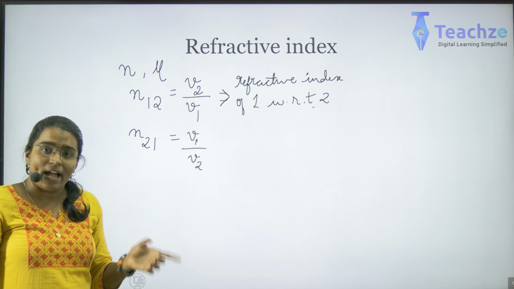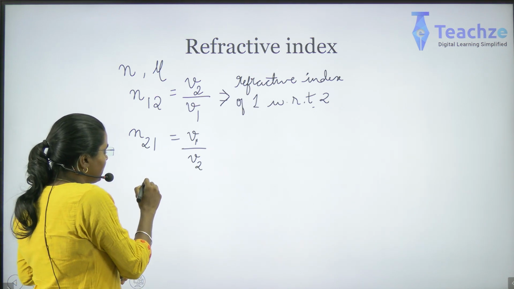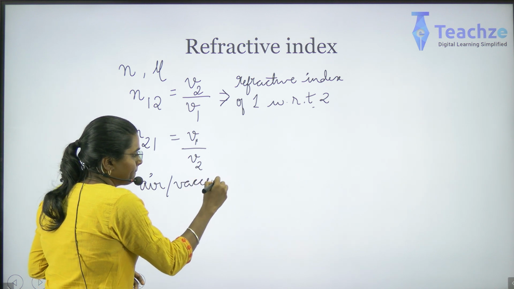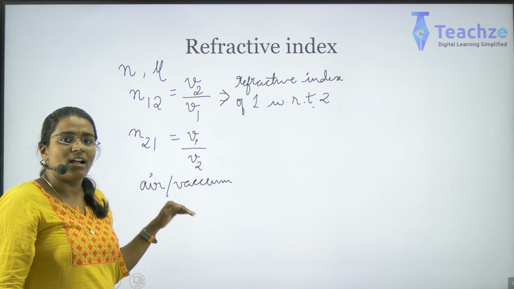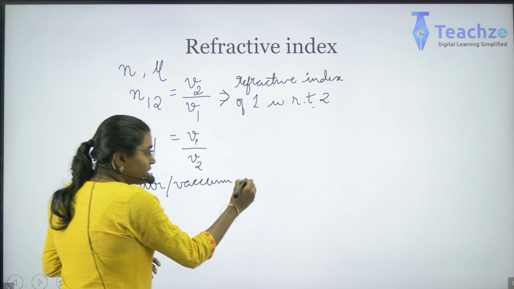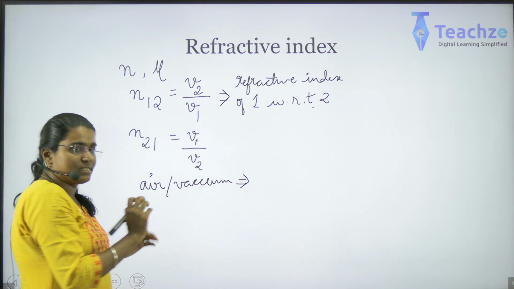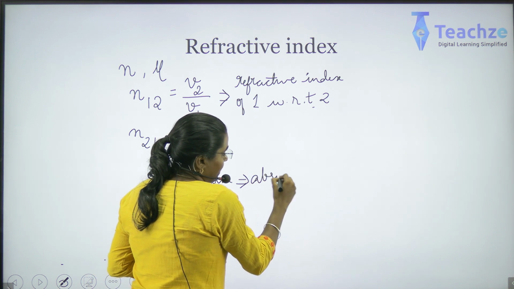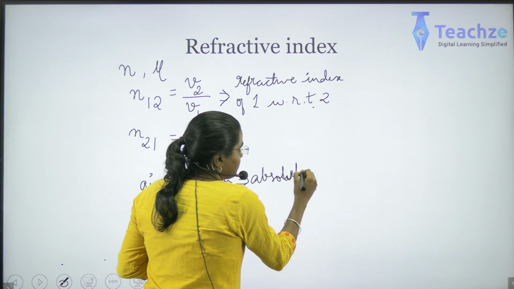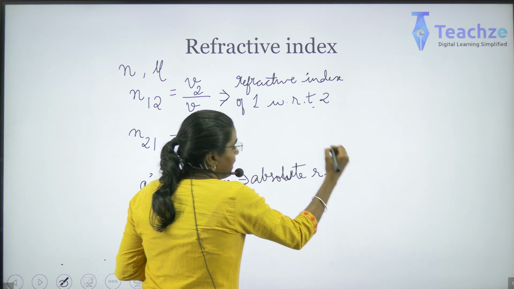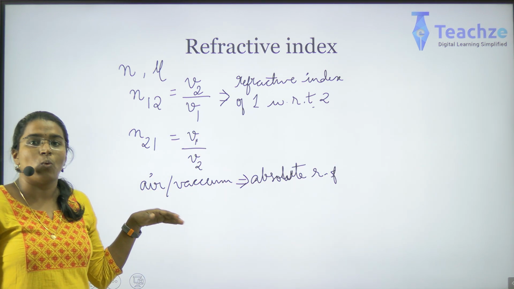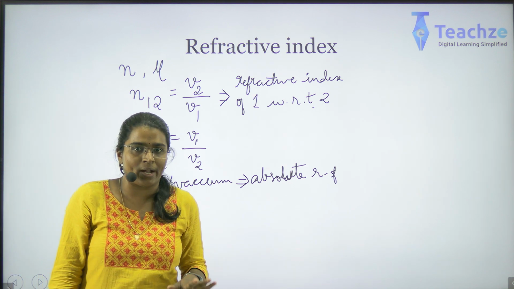When one of these mediums is air or vacuum, we say that the refractive index calculated by this formula will be the absolute refractive index of that medium. Let's say we are taking the refractive index of water with respect to air or vacuum.